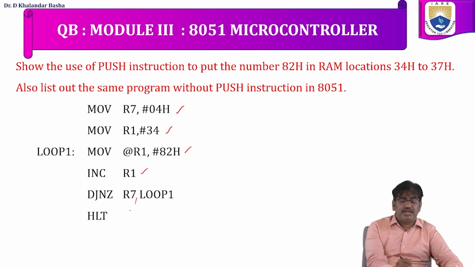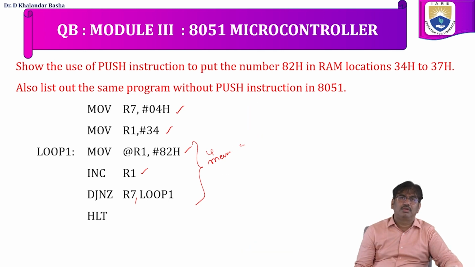Decrement the count in R7 for each transaction. If it is non-zero, go to loop 1. So these three instructions are used to load the data into 4 memory locations. Then we can terminate the program by using the HLT instruction.